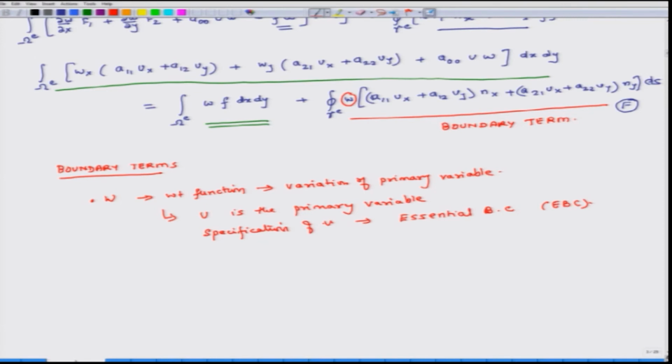So, in the boundary term, either we specify W or we specify the other part. Okay. So, this is one thing.